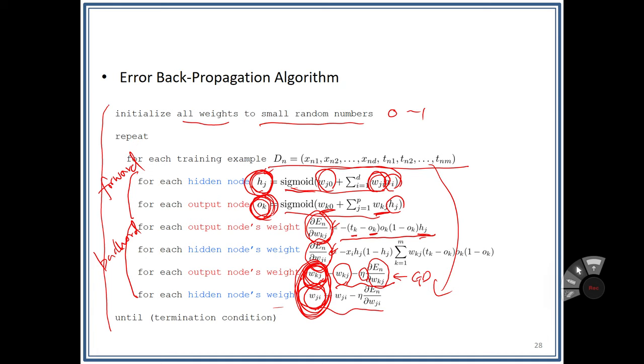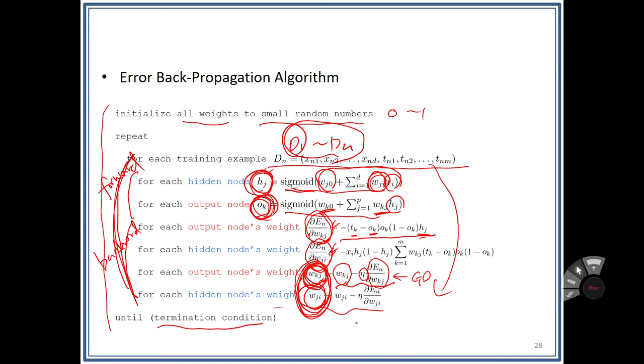Then the question can arise like this. We already used up D1 to Dn for this for loop. What if this condition is not satisfied even though we used up all those examples? Then we start from D1 again.